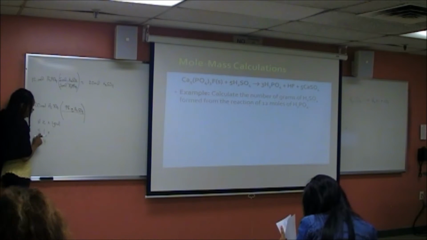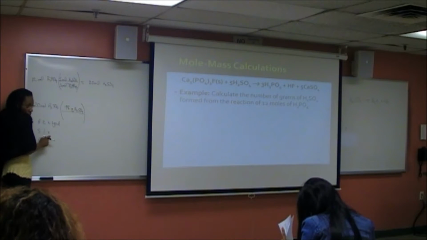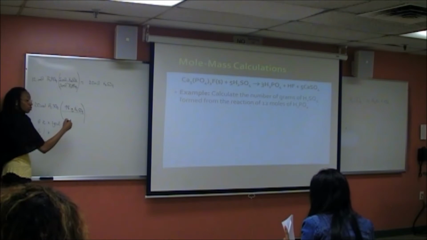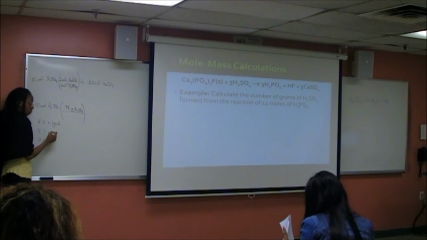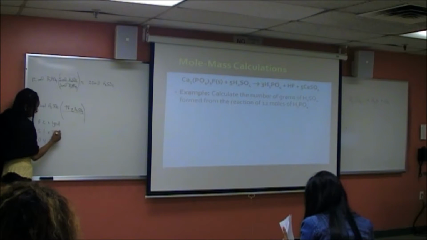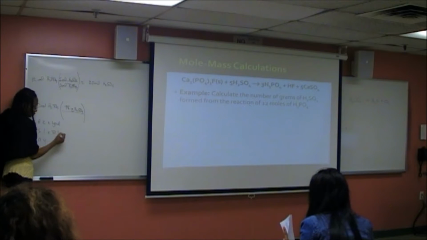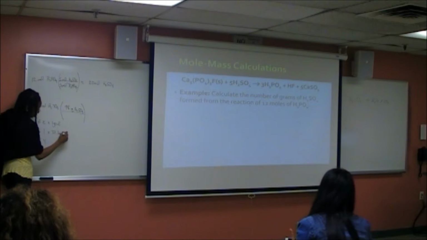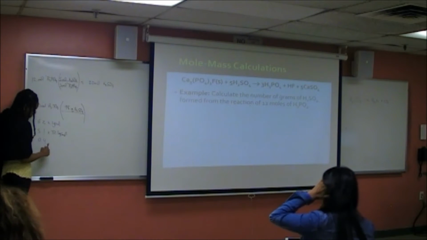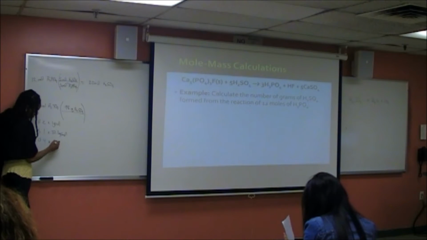So what's the molar mass of sulfur? To 3 significant figures, 32.1 grams per mole. So you have to show this.